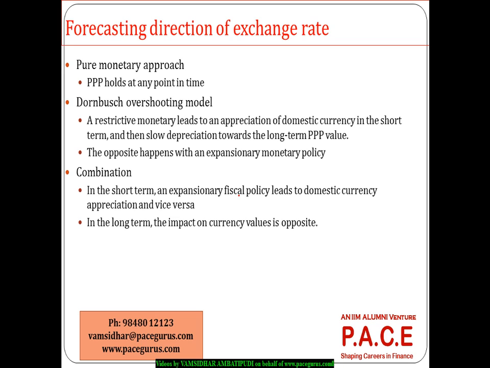Now, if I have to look at the direction of the exchange rate, we could look at a pure monetary approach, which is primarily focusing on the concept of purchasing power parity holding true at any point in time. Whereas on the other side, there is an important approach, the Dornbusch overshooting model, which says that if a monetary policy is more restrictive, this can result in appreciation of a domestic currency.